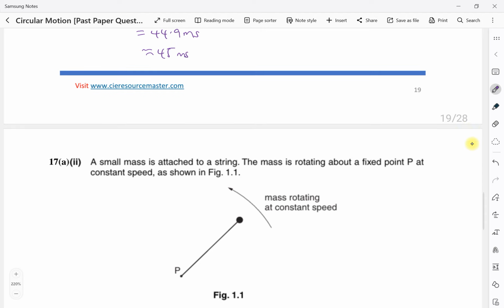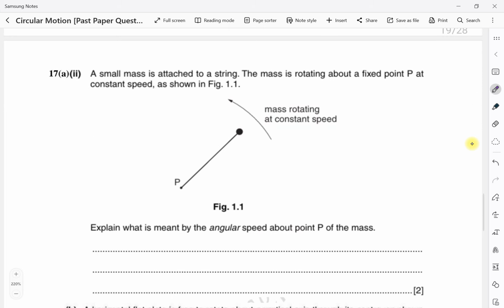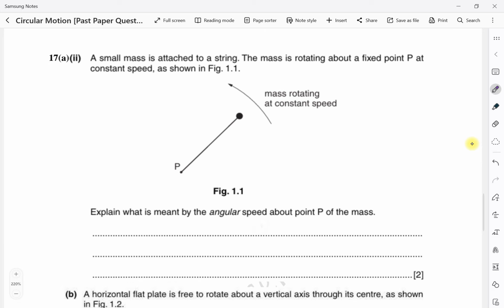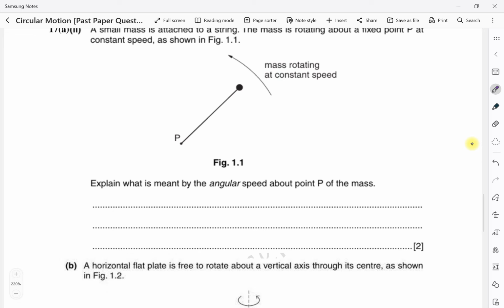A small mass is attached to a string. The mass is rotating about a fixed point P at a constant speed as shown. Explain what is meant by angular speed.